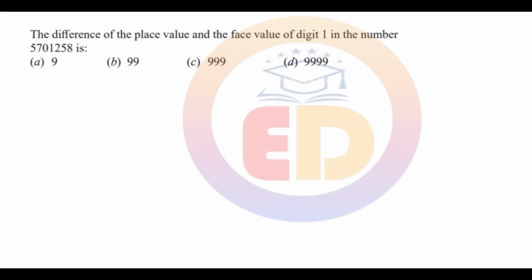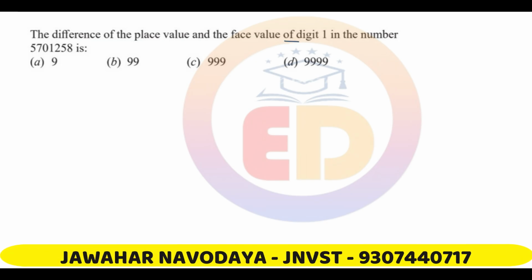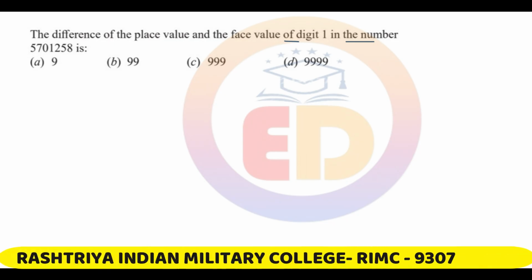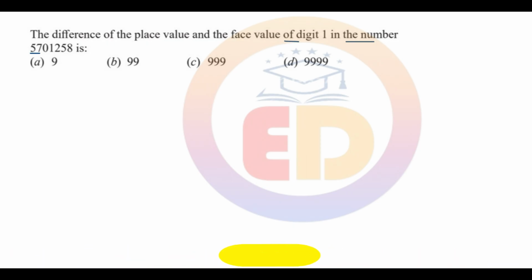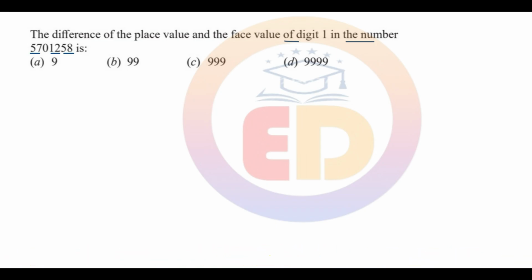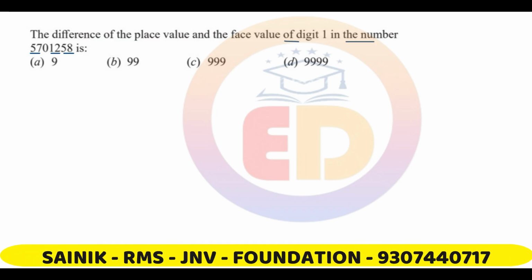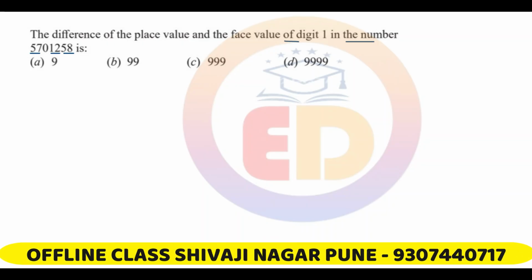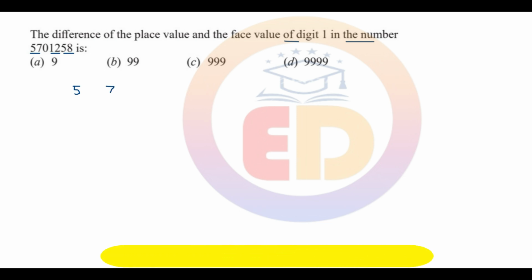The difference of the place value and the face value of digit 1 in the number 57 lakhs 1,258. So the difference of place value of the digit 1 and face value of the digit 1.